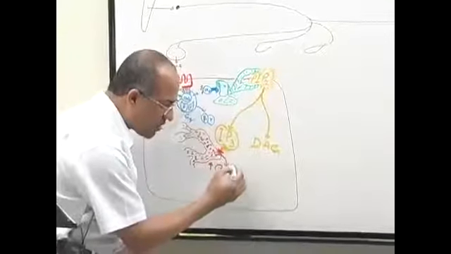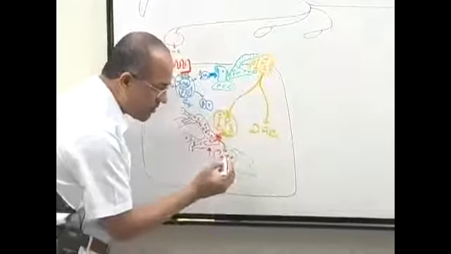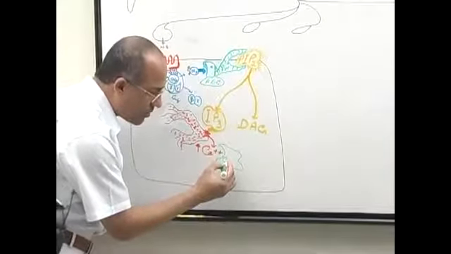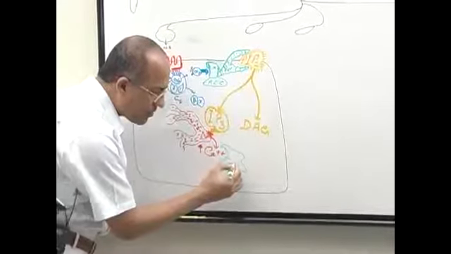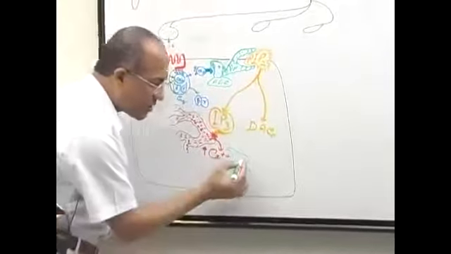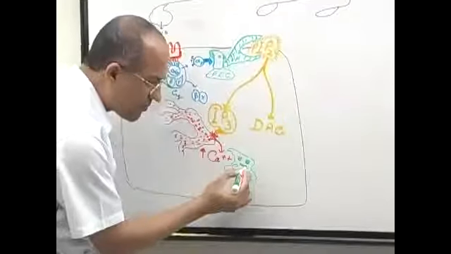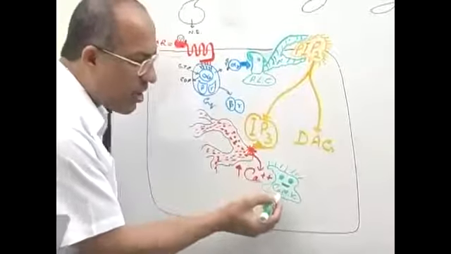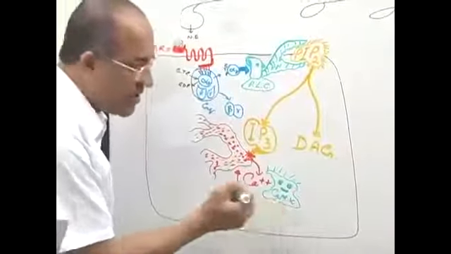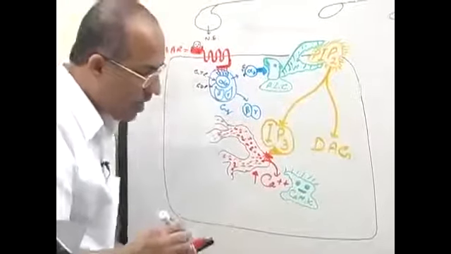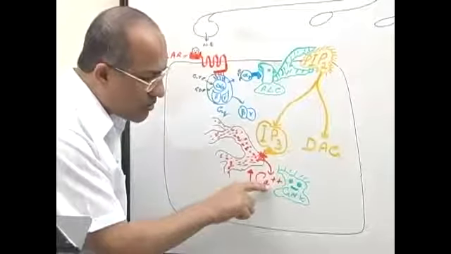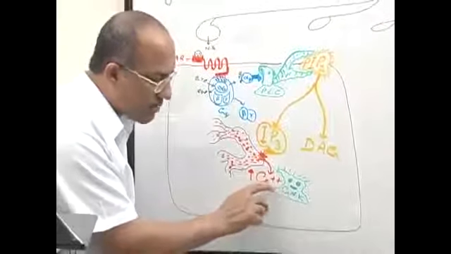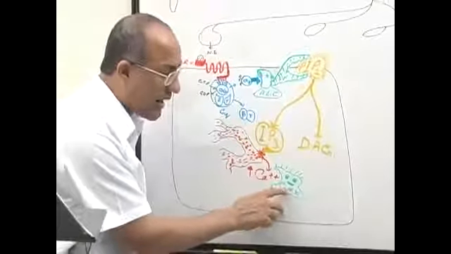You know the protein called calmodulin. Calcium binds with calmodulin, and the calcium-calmodulin complex will activate certain kinases which are called CAM kinases.